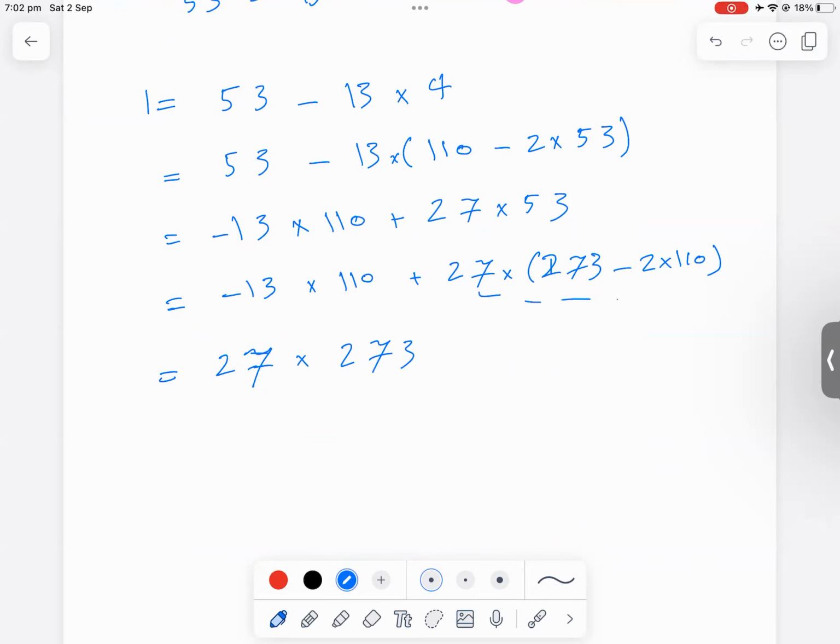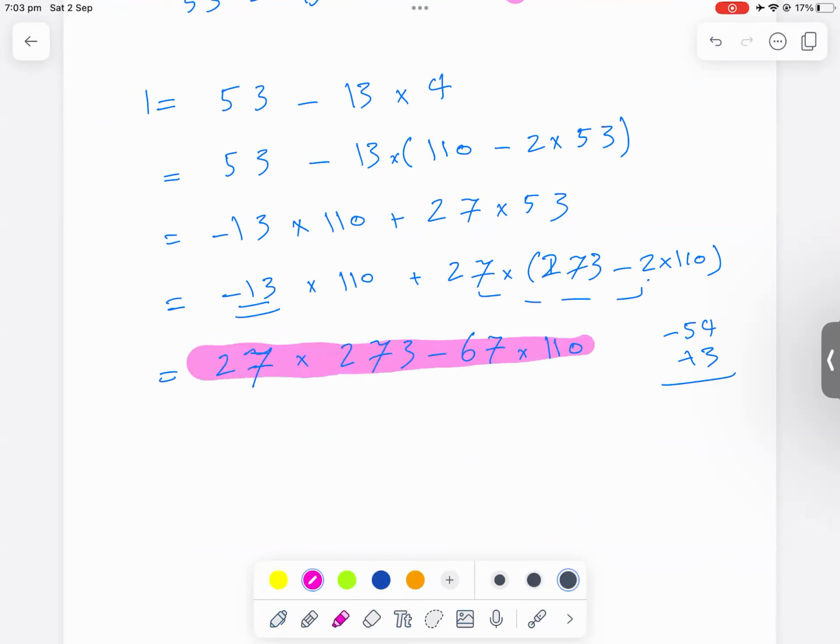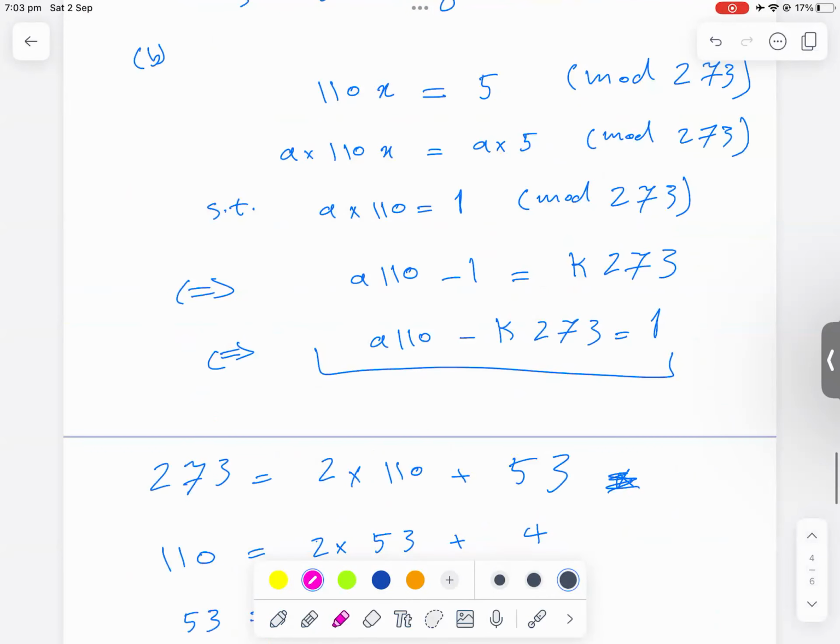This guy is minus 54, and minus 54 and another minus 13 together will be minus 67, minus 67 times 110. So you see this one here. We needed this to obtain this guy here.